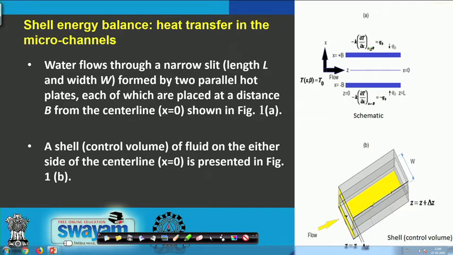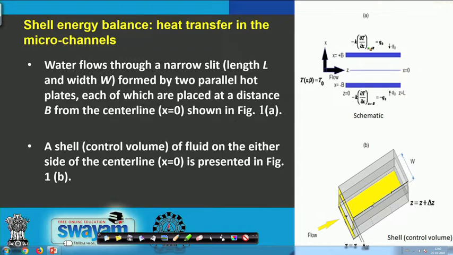I will look at why this boundary condition has come up, because it depends on the types of equation. And as I said, this water is flowing along the z direction, and this boundary condition is saying that we are heating these two parallel hot plates equally and uniformly.